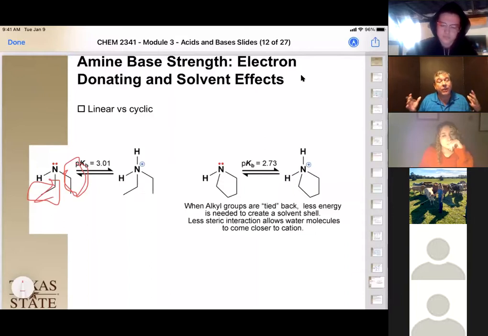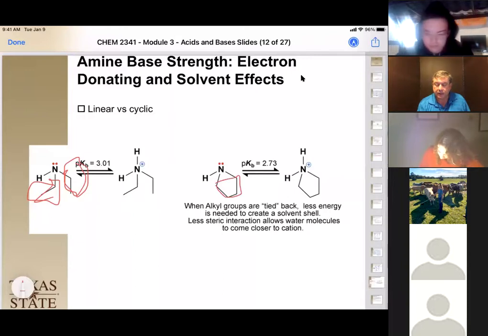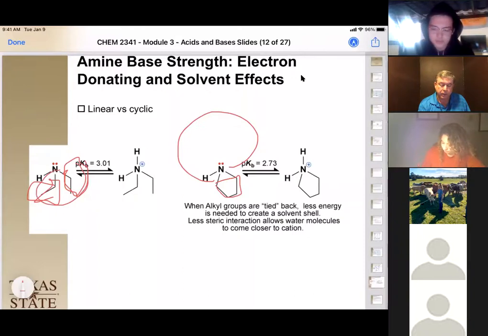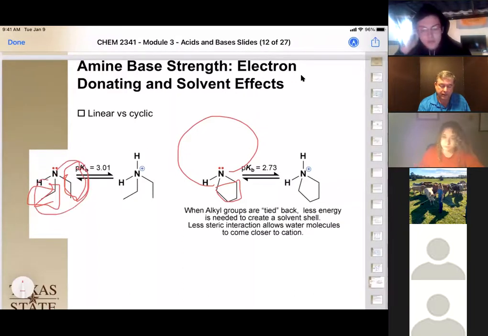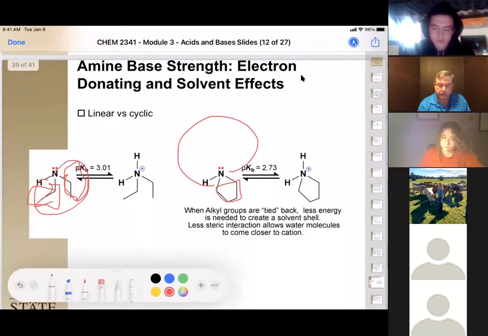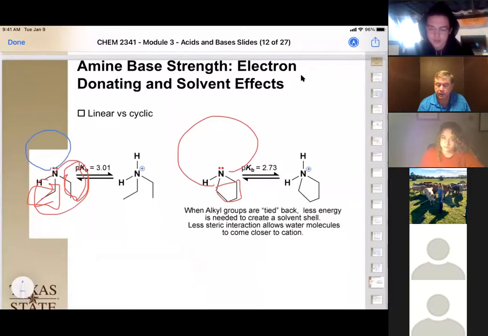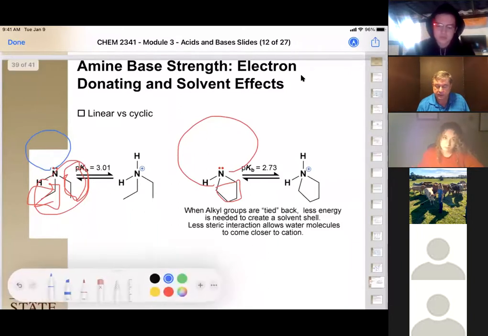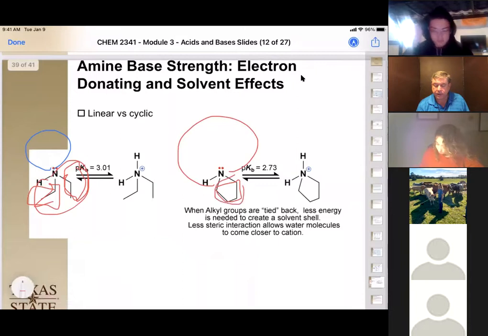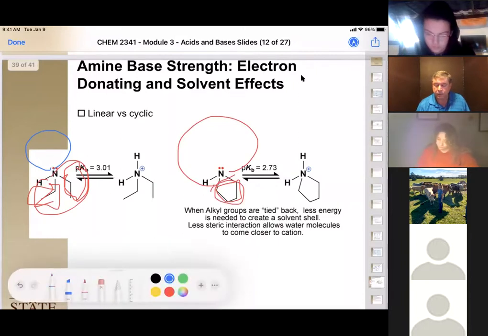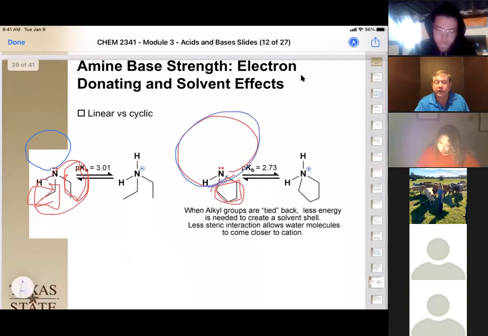They're going to take up more volume than if we pin them back and held them in one position, so that now we have more area here. Because these can flop around more, we can only have interaction on this zone here. Because these are tied back right here, we'll have more interaction with the amine electrons to act as a base.